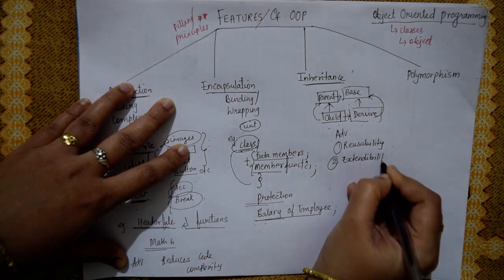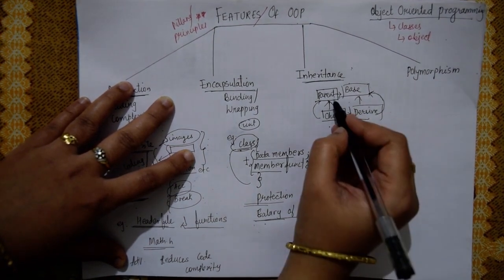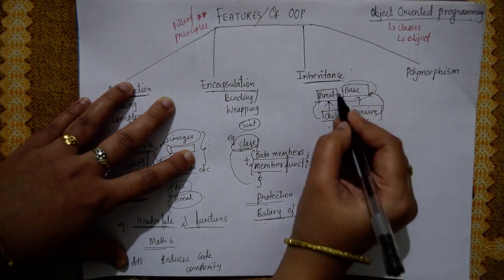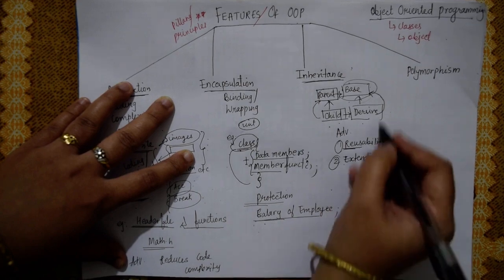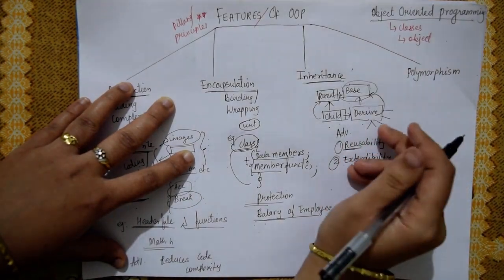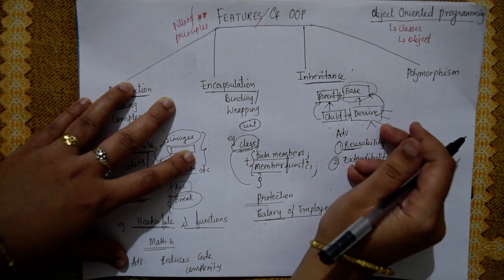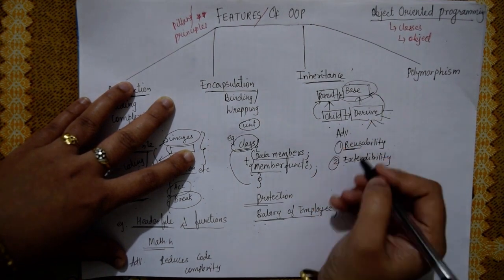How reusability? As we are reusing the properties of the parent class or base class, correct? And extendability means what? We are reusing and we are adding our own properties in our derived class, without modifying the parent class.